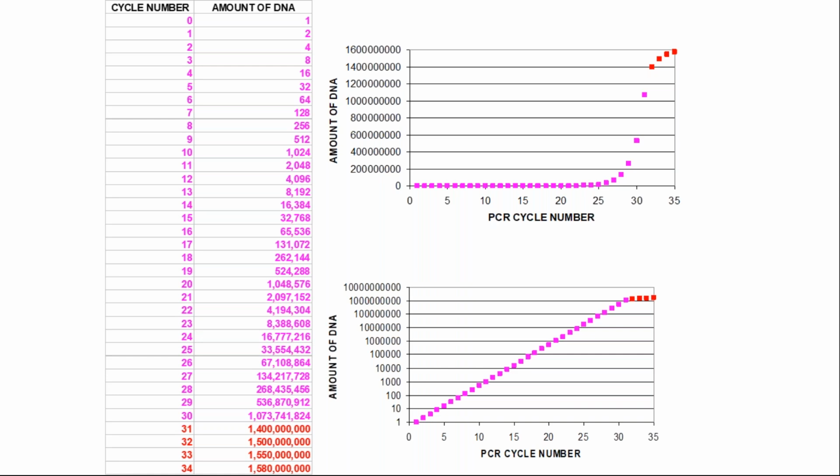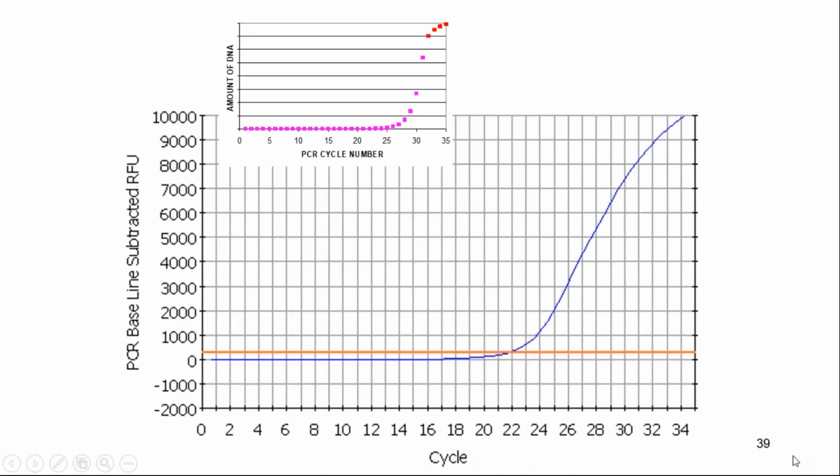If you plot the amount of DNA versus the PCR cycle number, you will see an exponential increase and then a tapering off, where this is the saturation. This is exactly what you see in the PCR machine, which gives you the cycle number versus the relative fluorescence intensity.